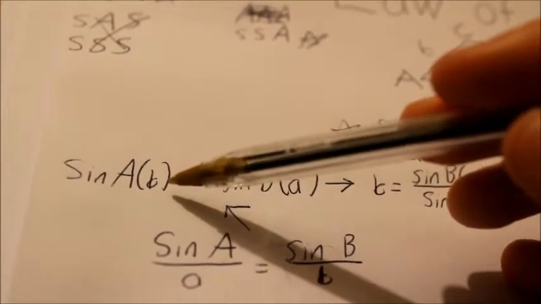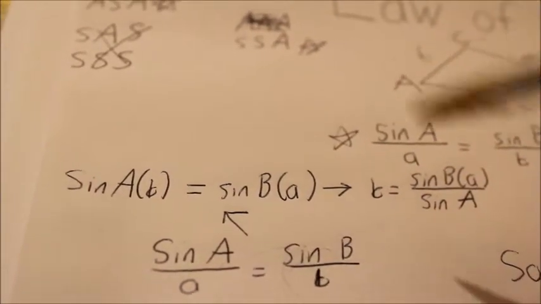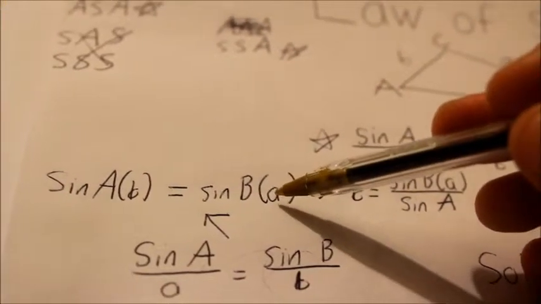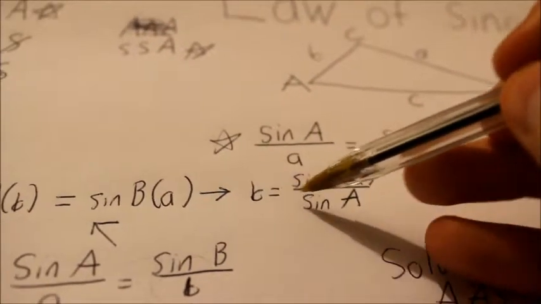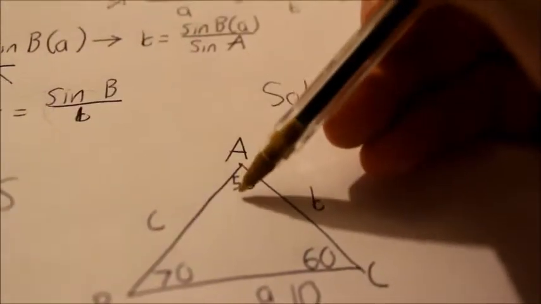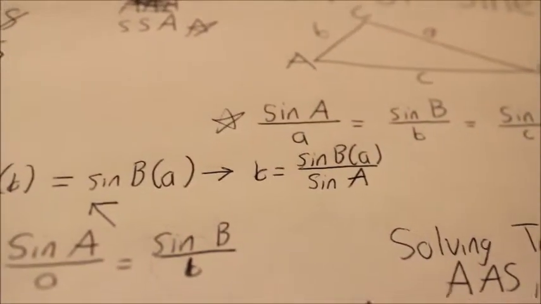Now, since B is the variable we wish to know, we will isolate it by dividing sine of B multiplied by A by the sine of A. Therefore, now if we plug in the values of our triangle into this equation, you will find the side length of B.